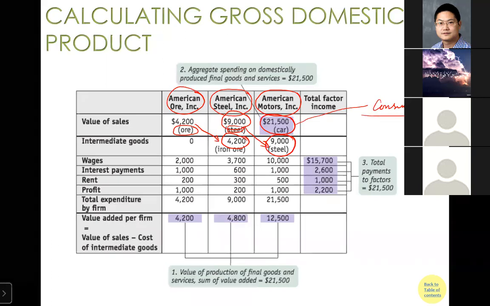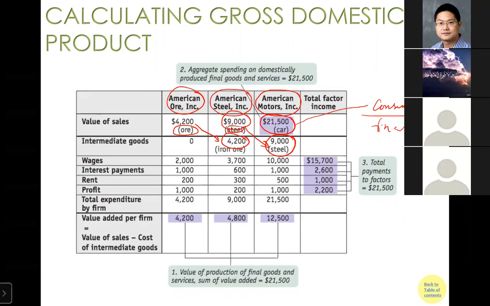So in that sense, cars are the only final good. Steel and oil are intermediate goods because they have been used as input. Oil has been used as input for steel, and steel has been used as input for cars.